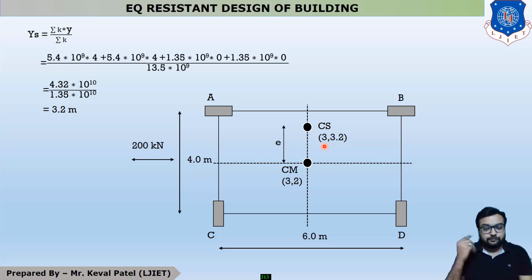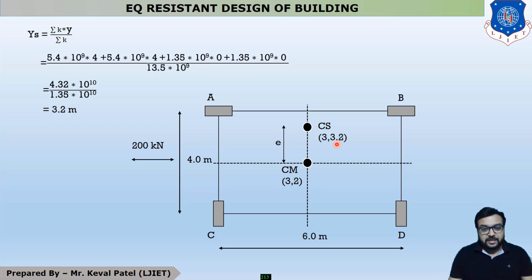Now the turn is for the y axis. Your center of mass coordinate is 2 meters and the center of stiffness coordinate is 3.2 meters. So there is some distance. What is that distance called? That distance is called static eccentricity.